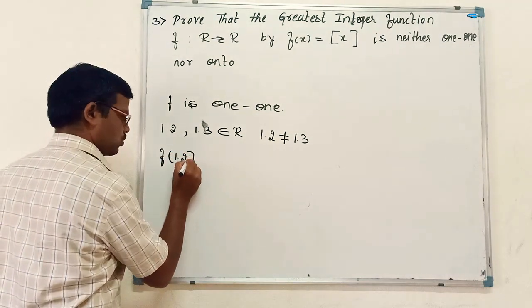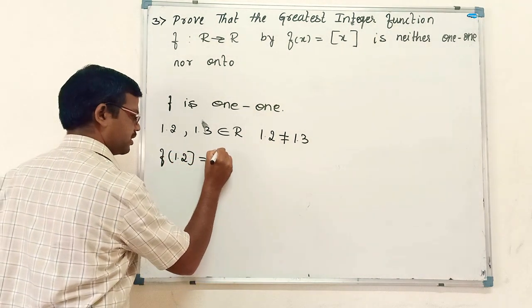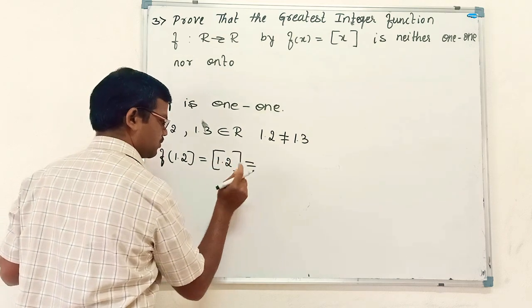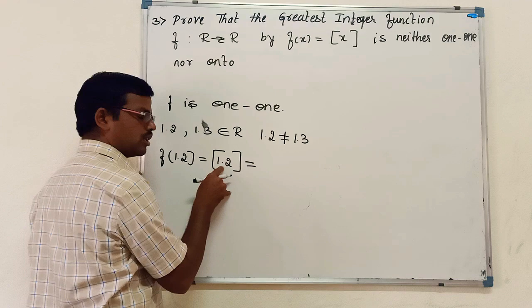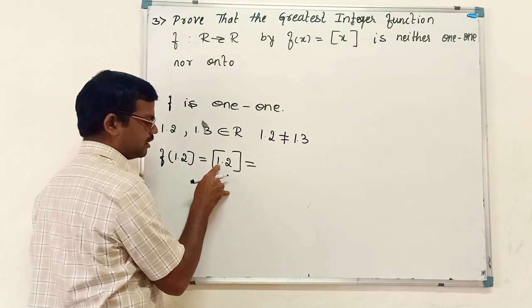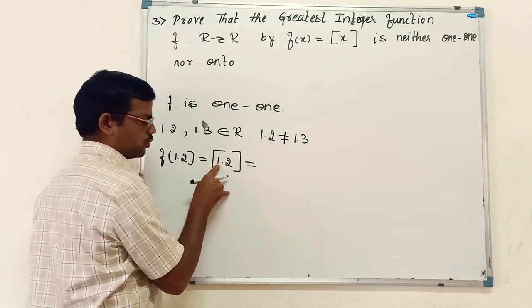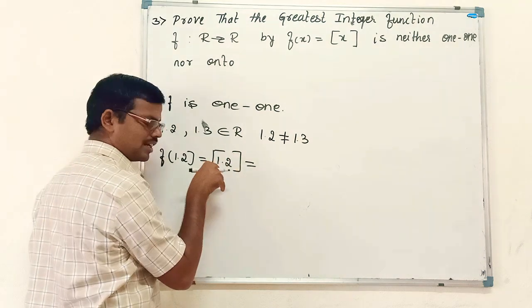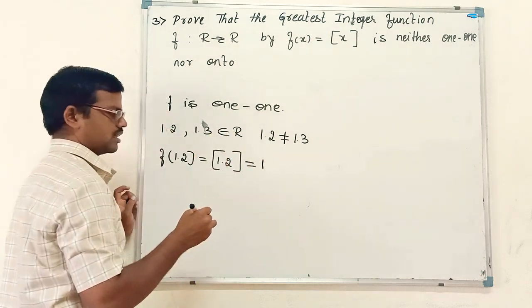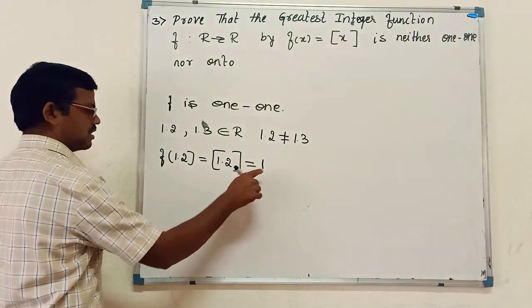What is the greatest integer of 1.2? The integer nearest to this, and not more than this, is 1. So its image is 1.